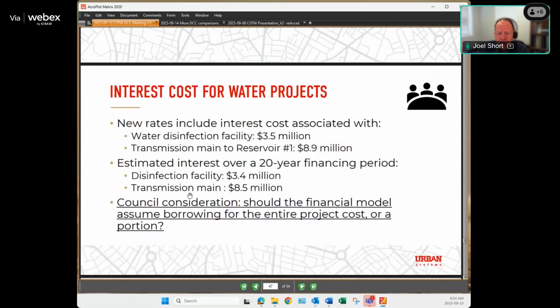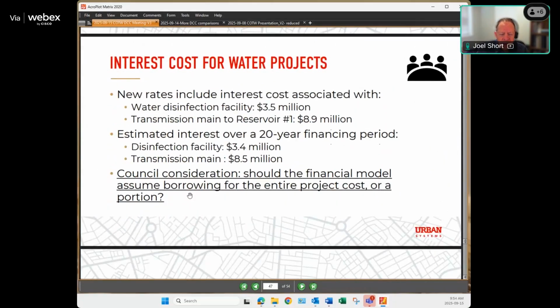One thing I did want to touch on, when you're talking about whether there are some things we can include or not include, is that the new water DCC rates end up going up a fair bit because we've included interest costs. Interest costs weren't included in the previous DCCs. Interest costs are allowed if you're borrowing money, or if you are fairly sure you're going to need to borrow money.